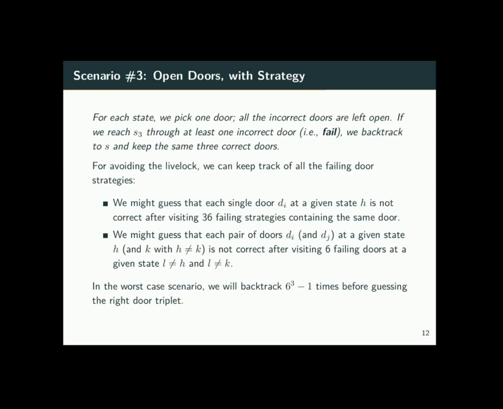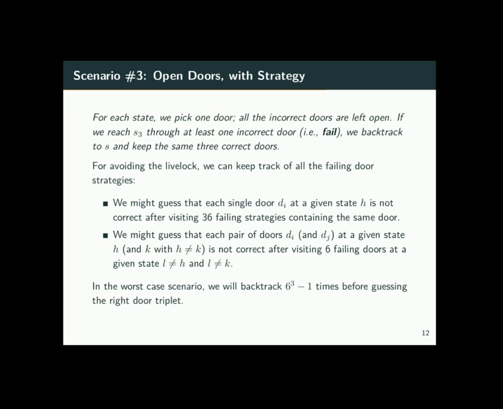Okay, so in there, the only thing it is saying is each pair of doors I and J at a given state H, and K with A is not correct, but is being saved to enter at a given state. So in there, what I'm saying is I know that the door that is going to win is L, and I know that I'm taking some doors.